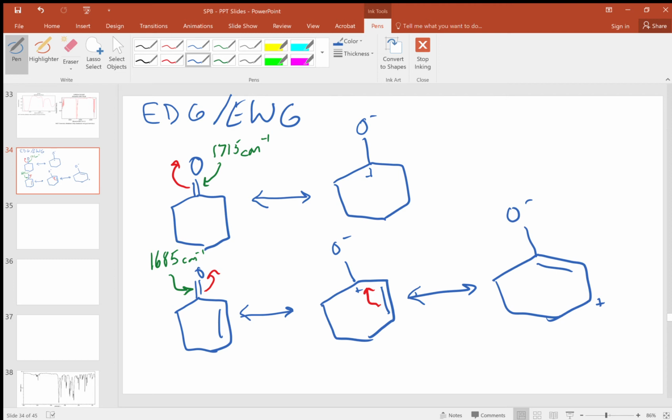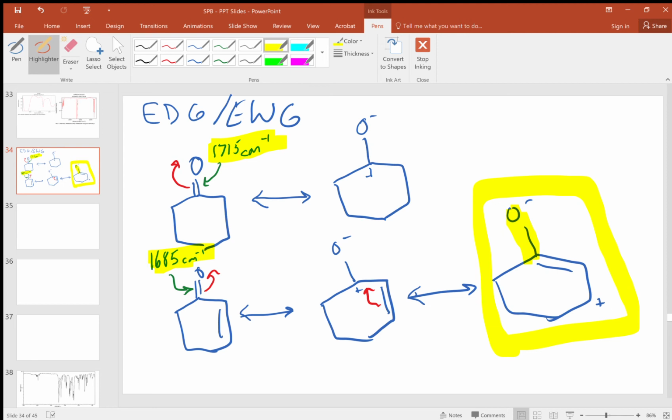Now, is this enough to explain the difference in where the peak shows up? It turns out that it is. So when we have this extra resonance structure, this is an extra resonance structure where the carbon-oxygen bond is a single bond.